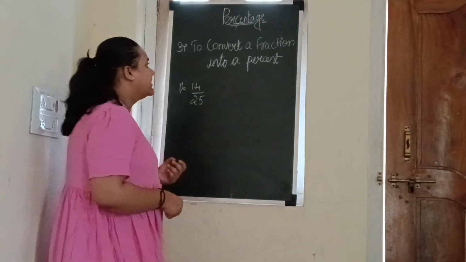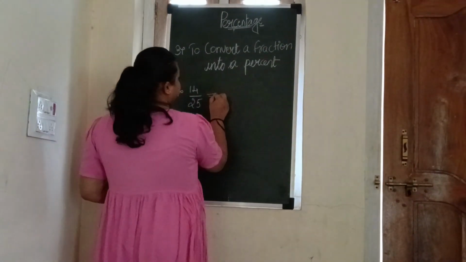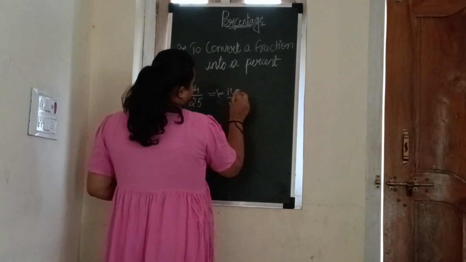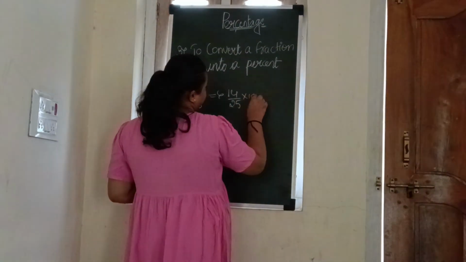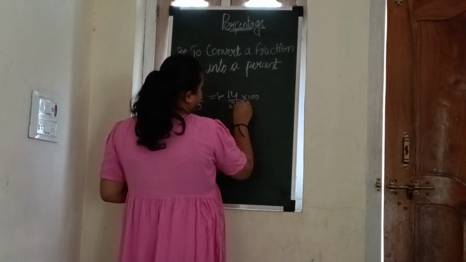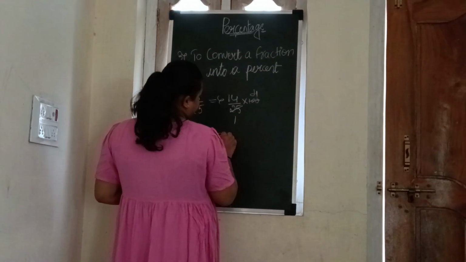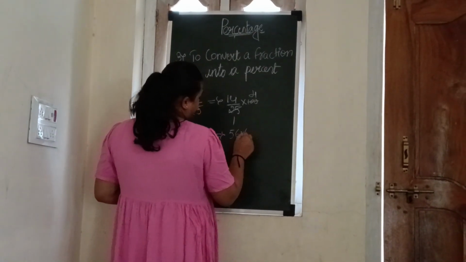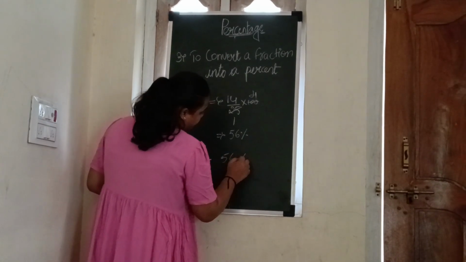Another conversion, fraction into a percentage. Here I have taken the fraction 14 by 25. We have to multiply by 100. 25 once is 25, 25 4 times is 100, so 14 times 4 is 56. The final answer is 56%.